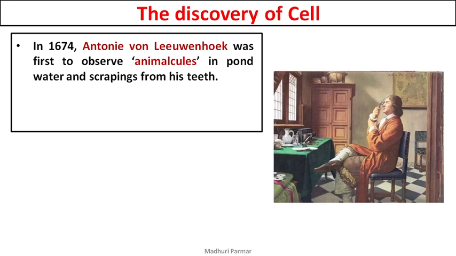So what he basically did was he took some scrapings of his teeth and then he saw that under the microscope and he found that something was moving around even in this microscopic drop. Fine. So he called them nanomolecules, meaning tiny, tiny organisms that were moving around. Fine.